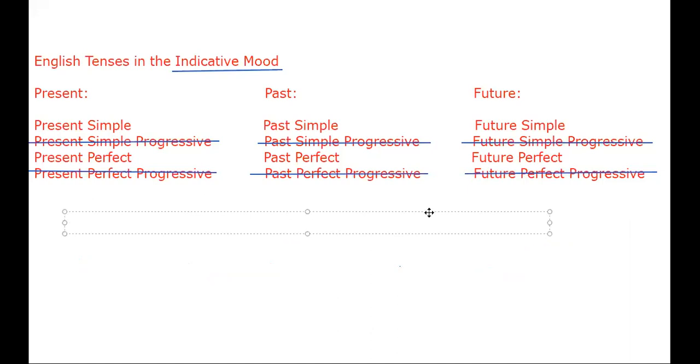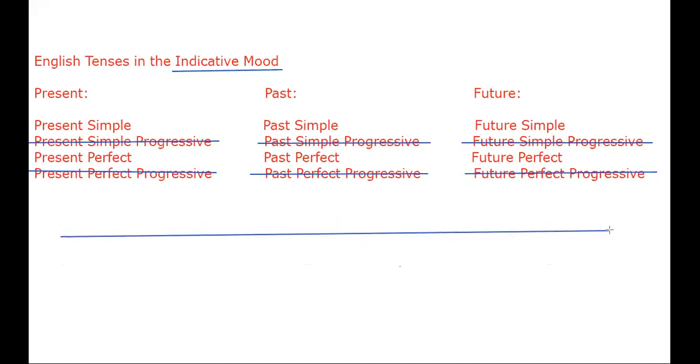So let's talk about the present perfect. So we had a timeline here. Let's say that this is a timeline. Let's say that this here is the present. This marks the present, as of now, the present time. The present perfect works like this.